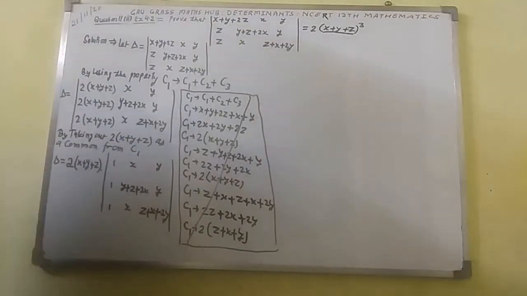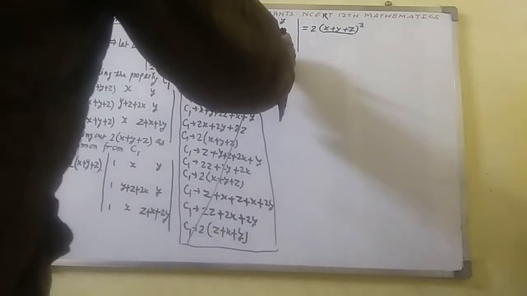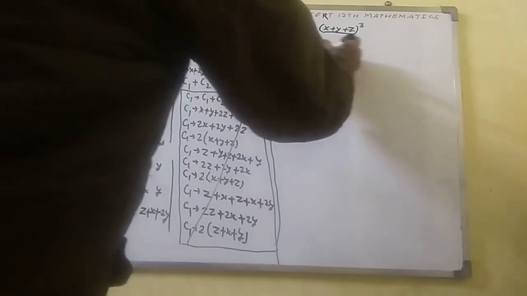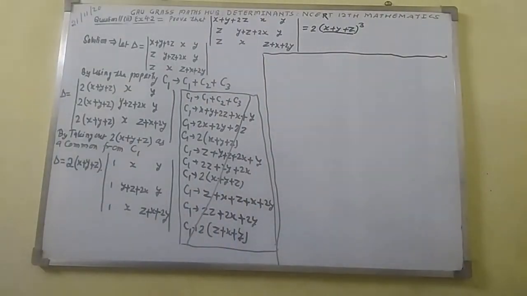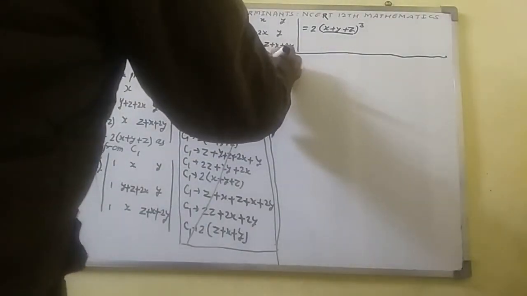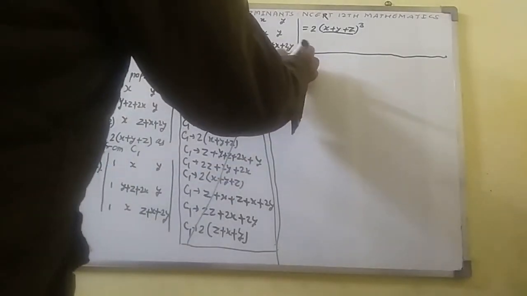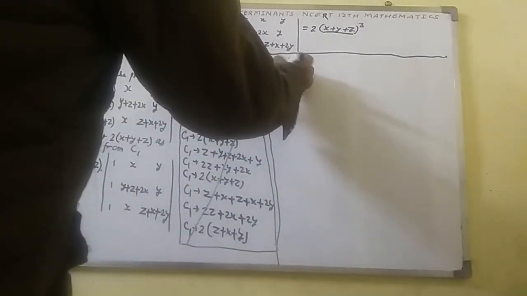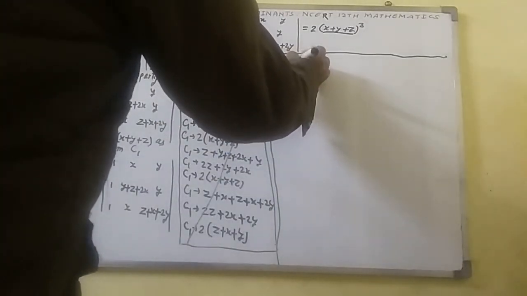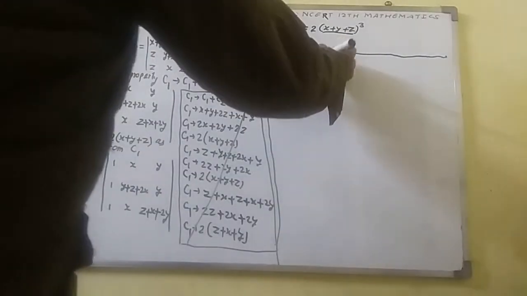Now what to do here? Draw a vertical line here and get the operation of the given determinant here. So here I shall write the outcome determinant as 2 in bracket x plus y plus z dot determinant.